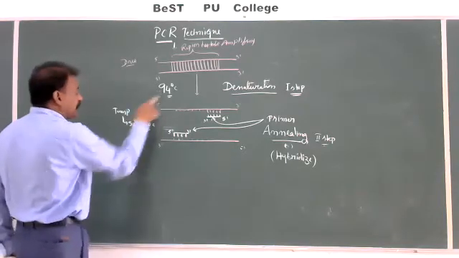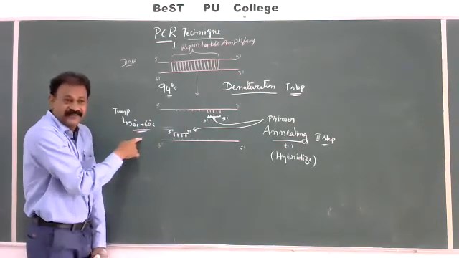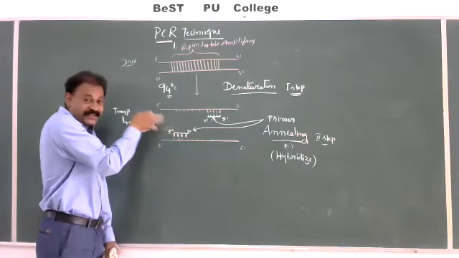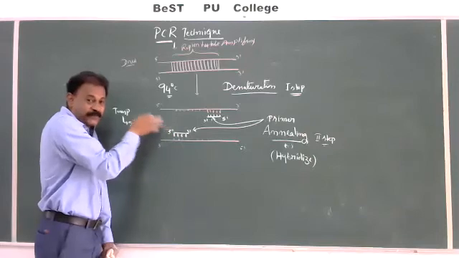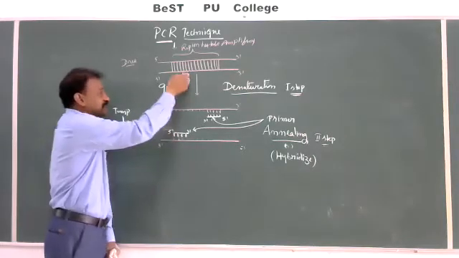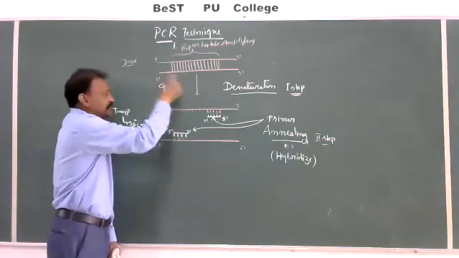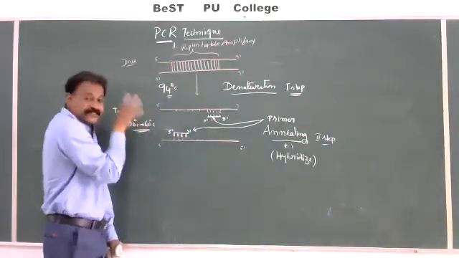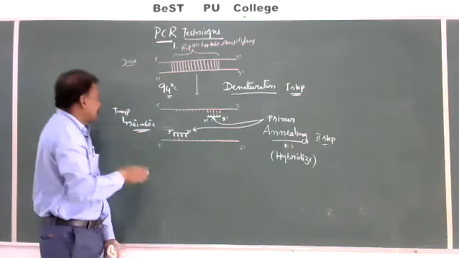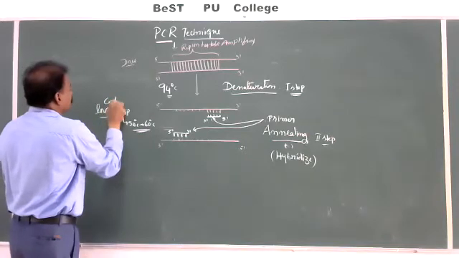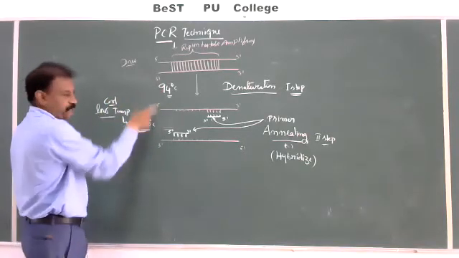When compared to 94, it is less. This process depends on the temperature. Here these low temperatures are cool temperatures, which is said to be cool when compared to 94.